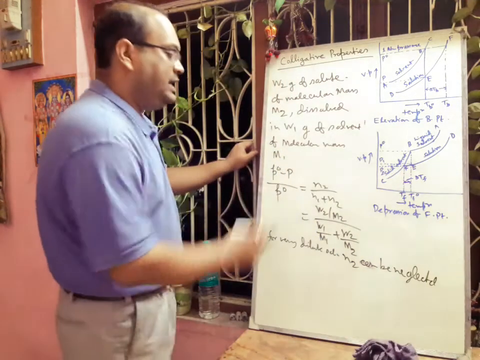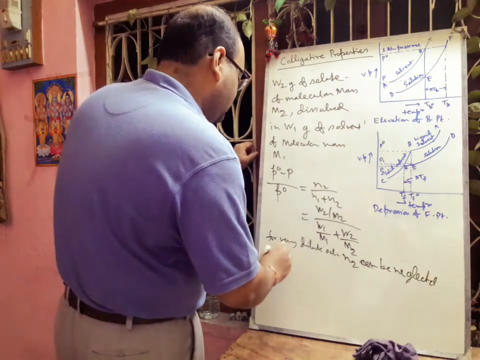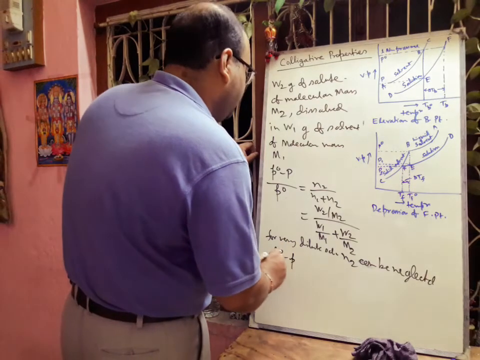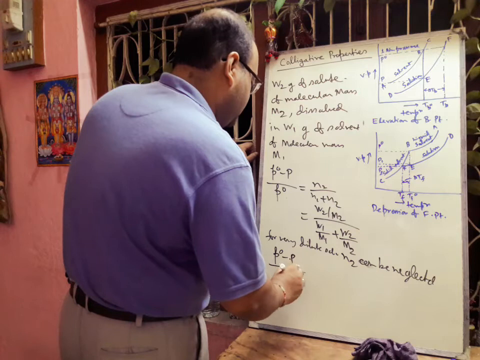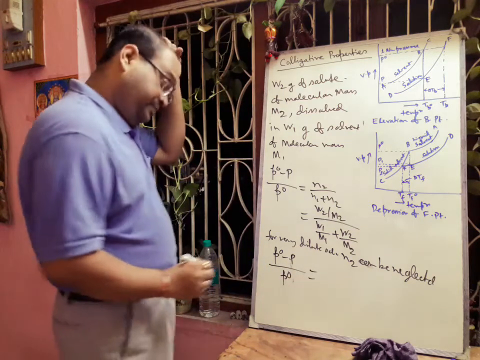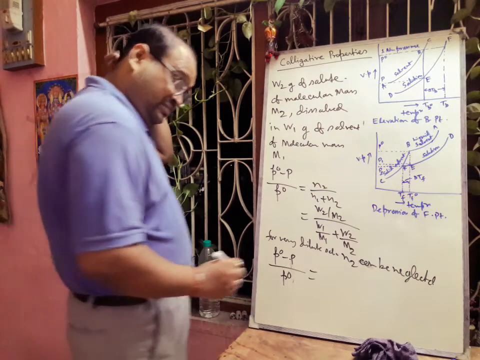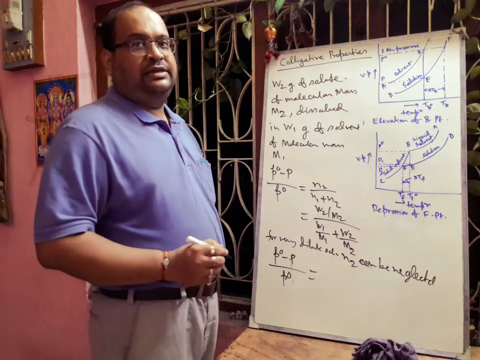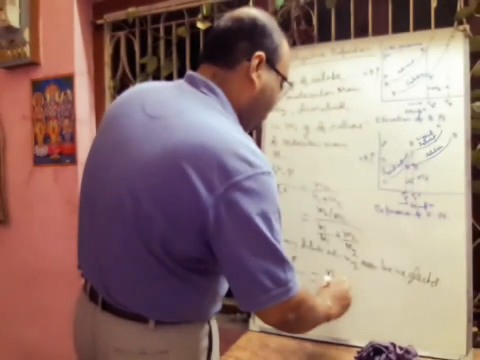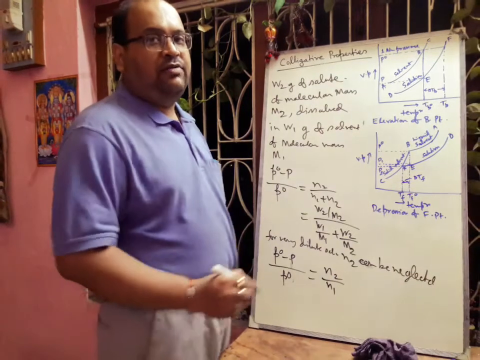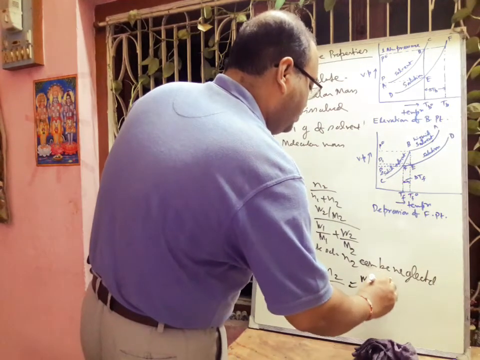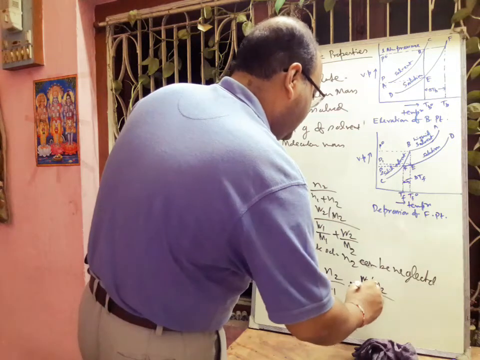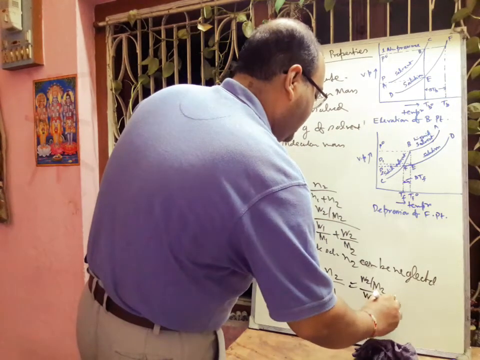So from here we can write that P0 minus P by P0, the relative lowering of vapor pressure, is equal to N2 by N1, that will be equal to W2 by M2 divided by W1 by M1.